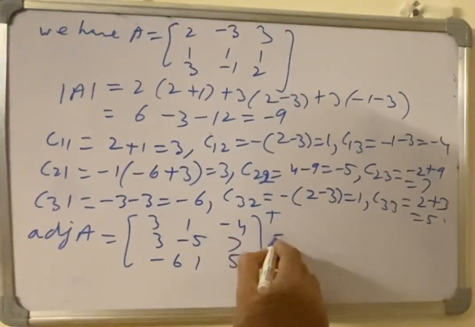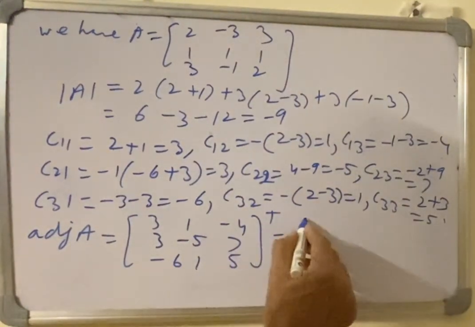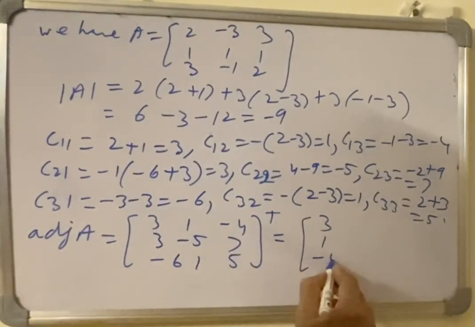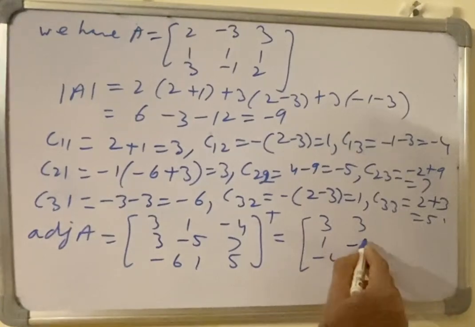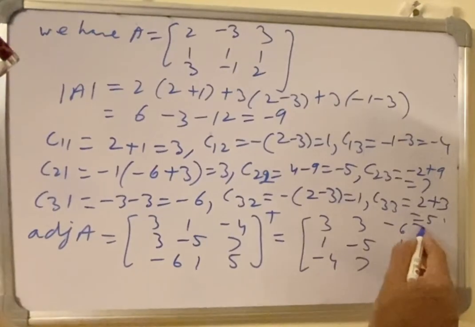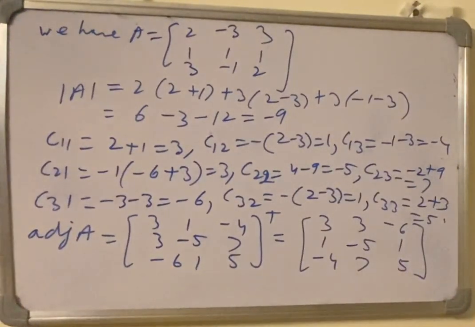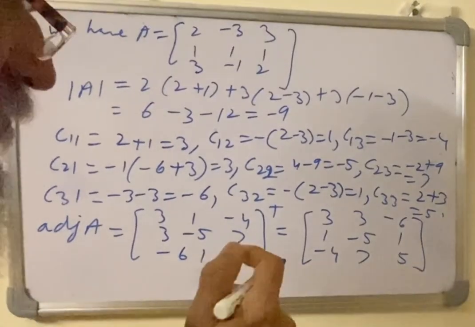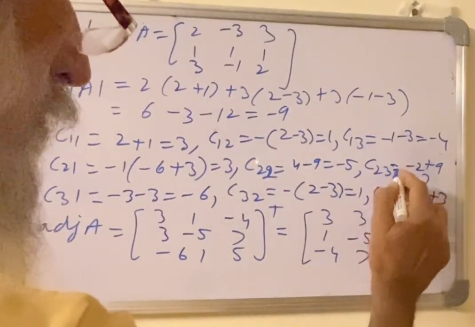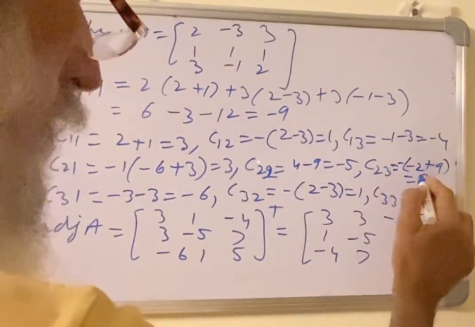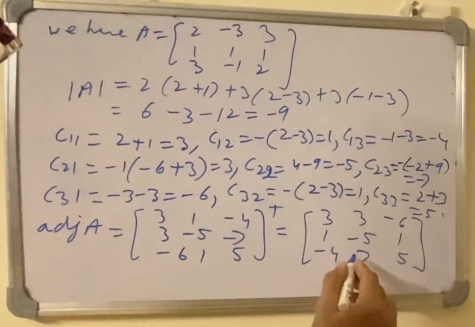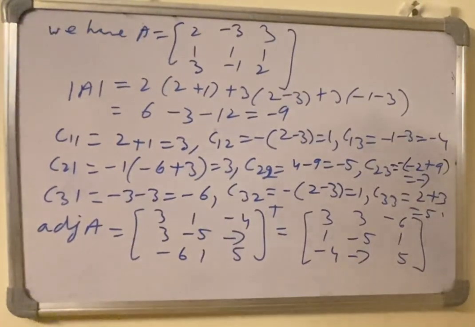Transpose is equal to 3, 3, minus 6, 1, minus 5, 1, minus 4, 7, 5. There's a correction that there should be a minus. It should be minus 7.